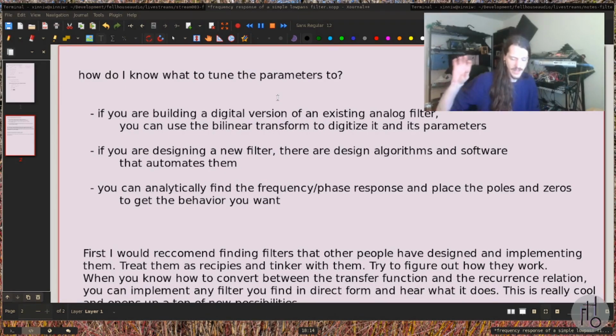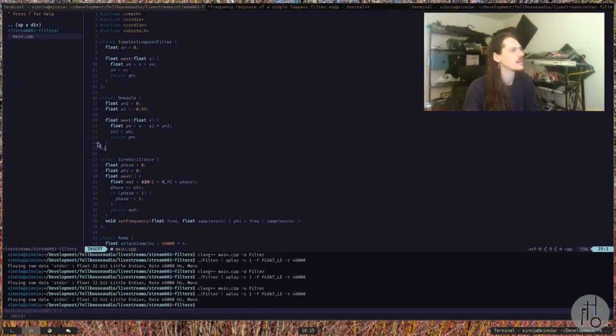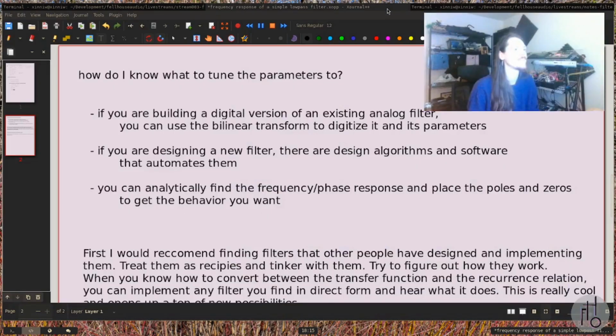If you know how to take a difference equation and turn it into a structure the way that we did, then you can implement almost any filter that you find out in the world and listen to it. And then for some class of filters, you can go and analytically find the frequency and phase response and learn more about the filter that way.